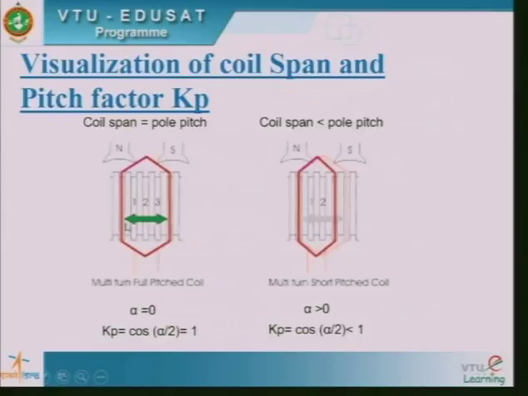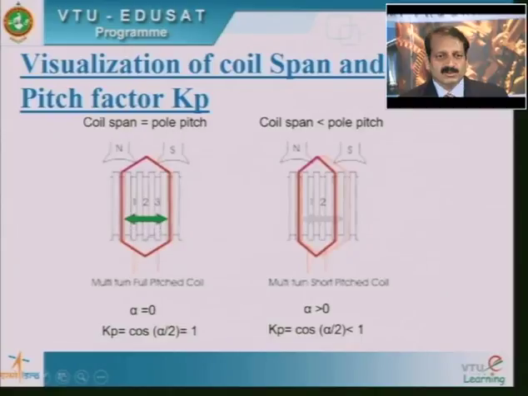This coil span corresponds to the pole pitch, which is 180 degrees, and alpha is the short pitch angle, which is 0 here because the coil pitch is equal to the pole pitch. The pitch factor is given by cos of alpha by 2. By substituting alpha equal to 0, we get cos 0, which is equal to 1.